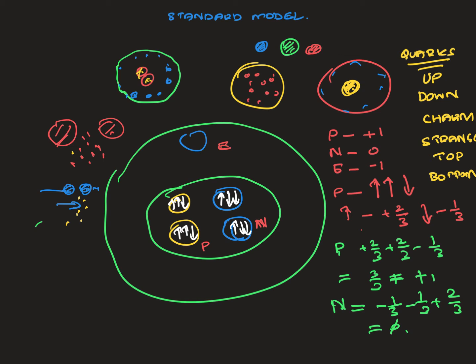Also, when you accelerate particles and collide them, sometimes these small particles will combine together. Say you have up and down quarks, charm, strange and top quarks. Sometimes these quarks will combine and form another particle, something we will look at later.